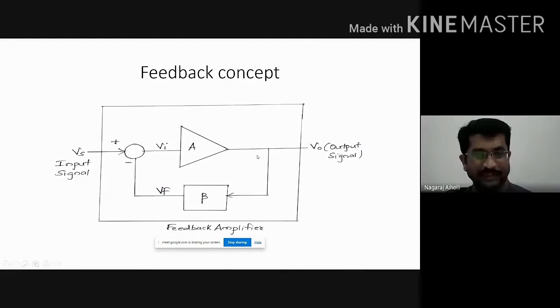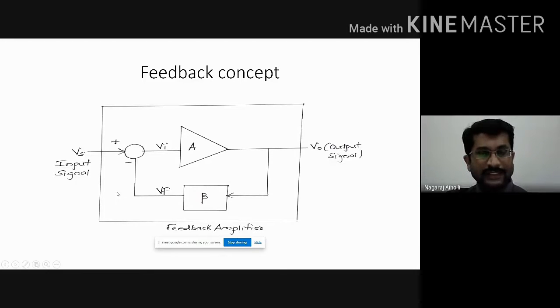Then current series. Current series means the current from the output of the amplifier is tapped and applied as input to the feedback circuit. Then the output of the feedback circuit, if it is applied in series with the input, is called current series. Current shunt means the current is tapped from the output of the amplifier and applied as input to the feedback.